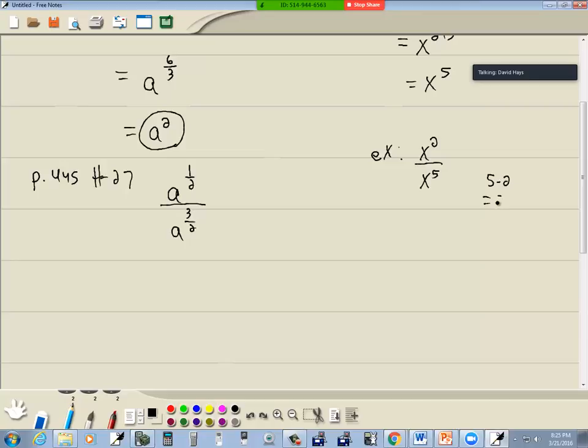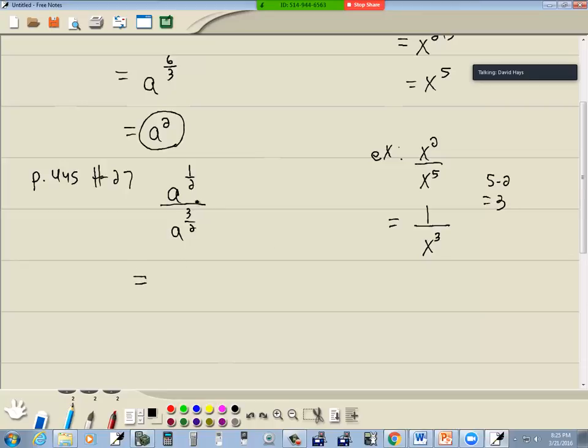So we took 5 minus 2, which gives us 3. And we had x to this power where the larger exponent was, which was on the bottom. And then we put a 1 up here in the other location. So again, if you've got x to a power over x to a power, subtract the smaller exponent from the larger one, and then you have x to this power where your larger exponent was located.